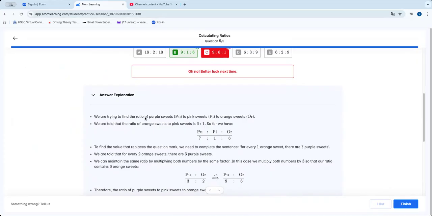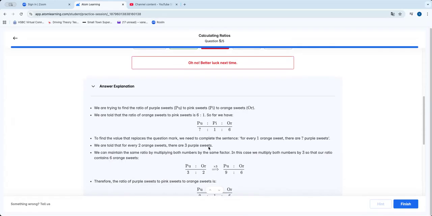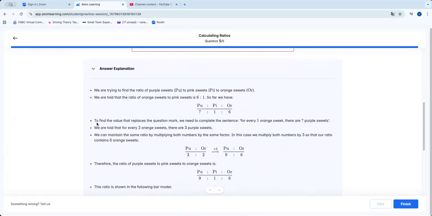We're trying to find the ratio of purple sweets to pink sweets to orange sweets. We are told that the ratio of orange sweets to pink sweets is 6:1. So we don't know the purple, we know the pink, and we know the orange, and pink to orange is 1:6. Then we need to find the value that replaces the question mark. For every one orange sweet, there are something purple sweets.